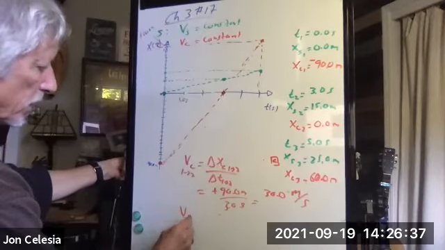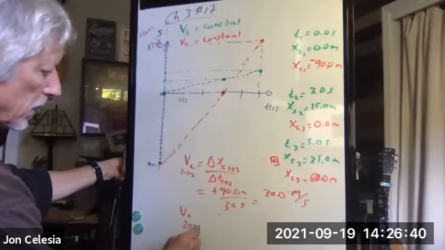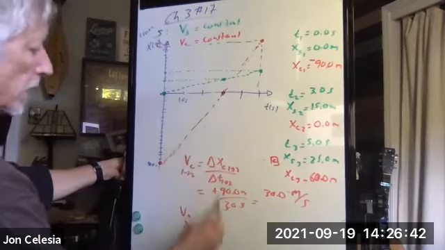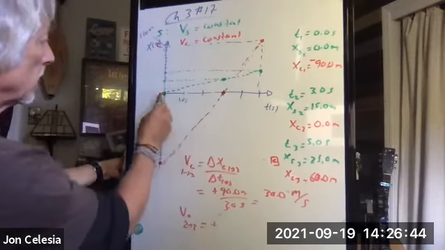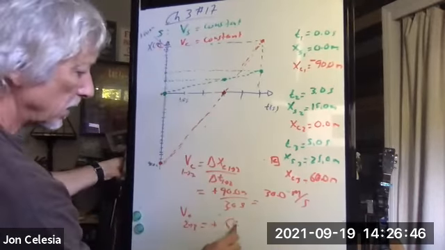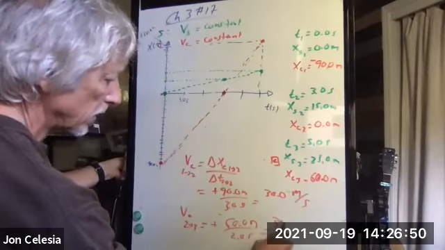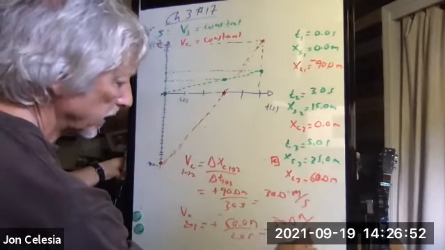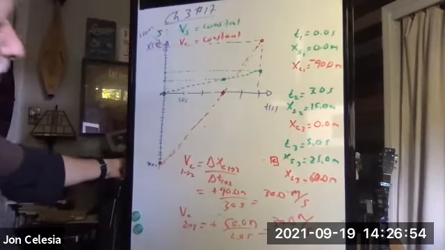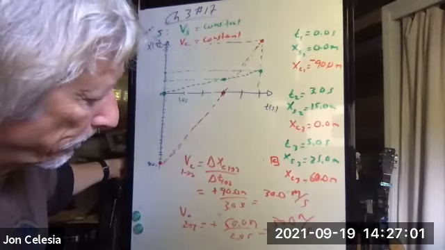Let's do V of cheetah 2 to 3. And it goes, again, positive 60.0 meters in 2.0 seconds. And that's still 30.0 meters per second. So we should still be good. It should always be 30 for the cheetah also.